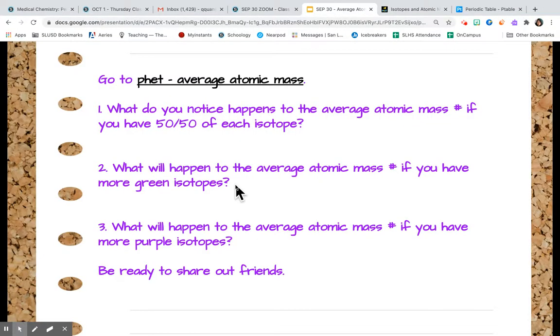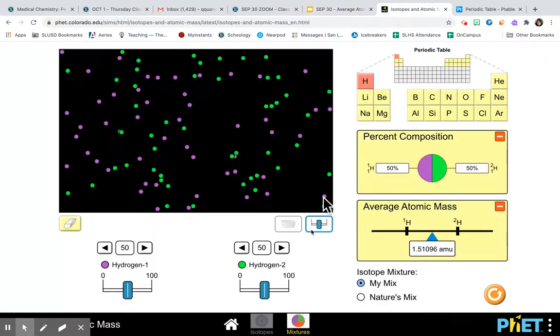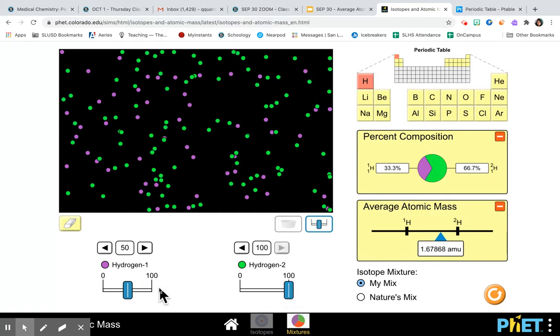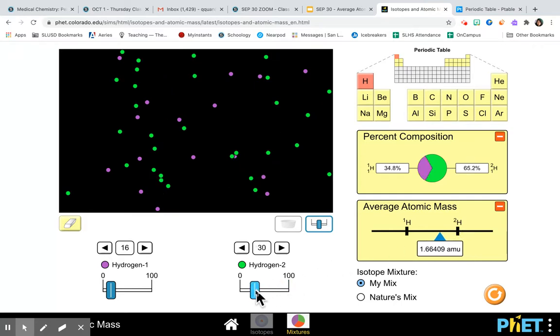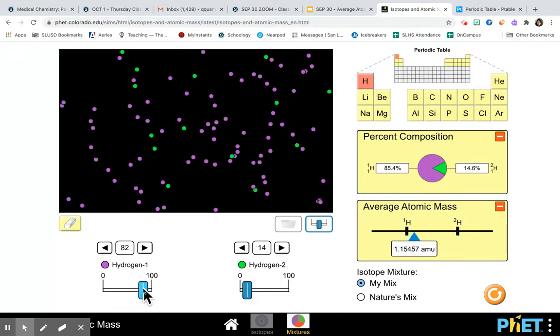So what happens if we have more green isotopes? Well, if I increase the amount of green isotopes and decrease the amount of purple ones, you'll notice that the average atomic mass will shift towards the green isotope. So you might notice a little pattern here. What if the opposite happens?